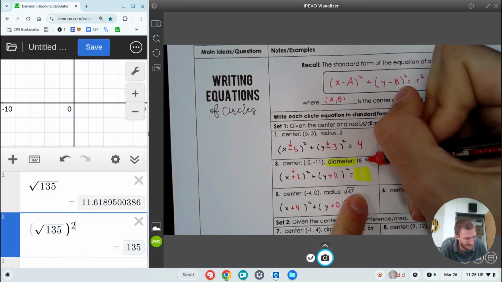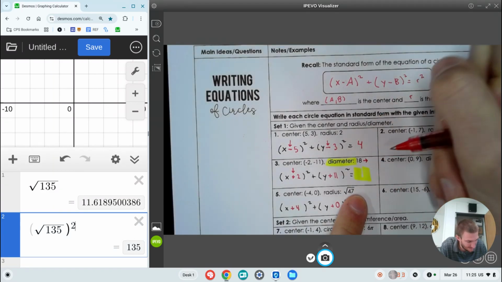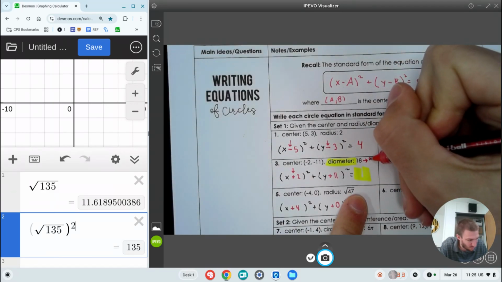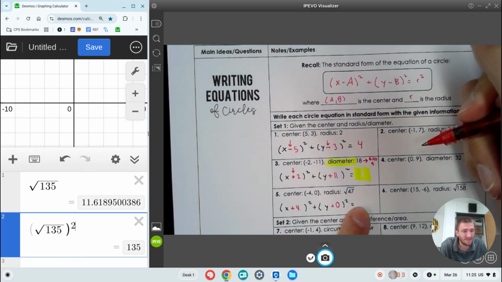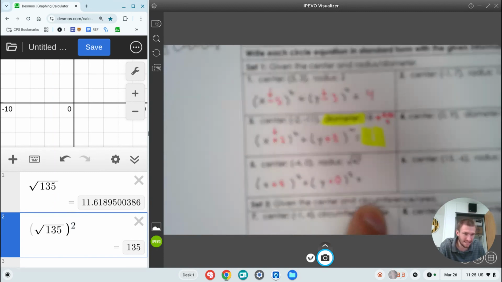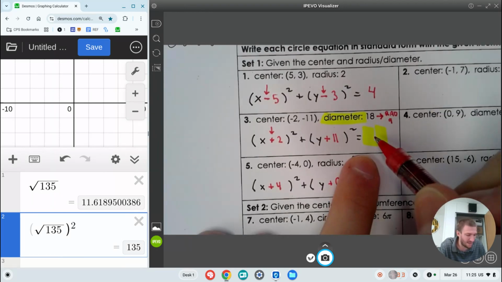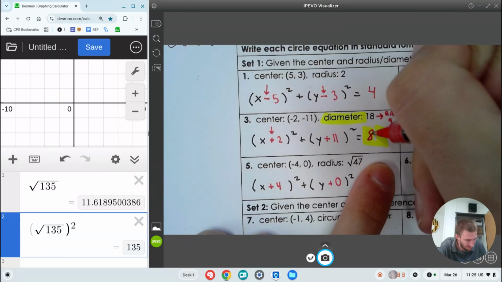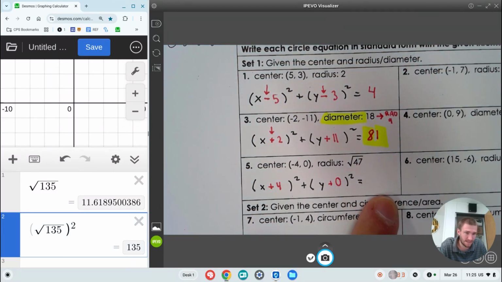And so we need to take this 18 and we need to say that the radius is 9. Once we know that the radius is 9, then we need to take the radius squared, 81.